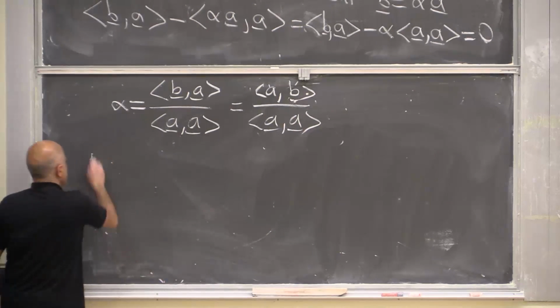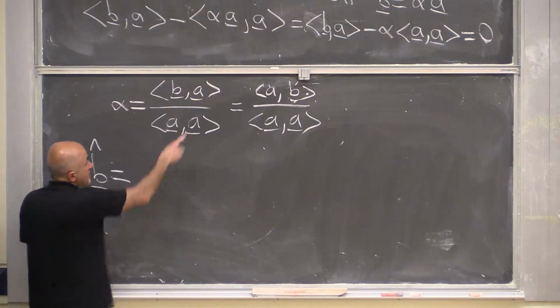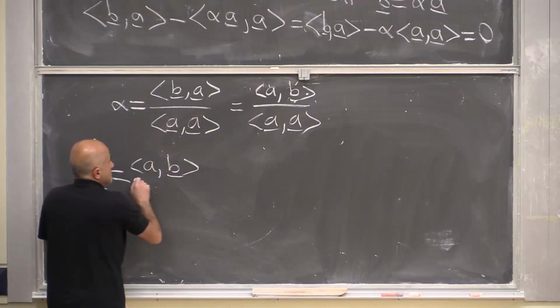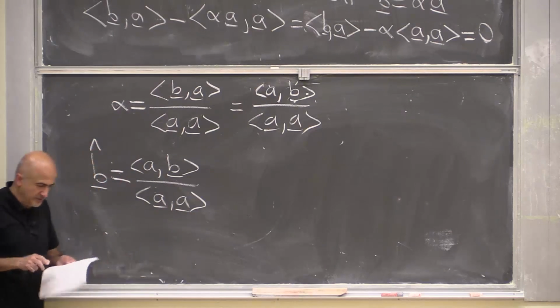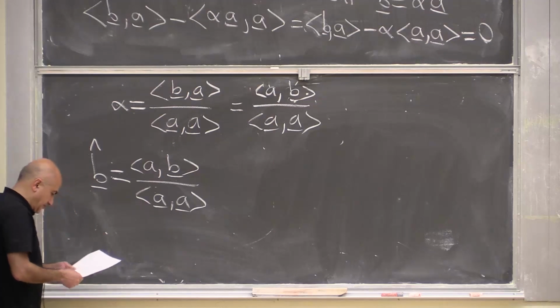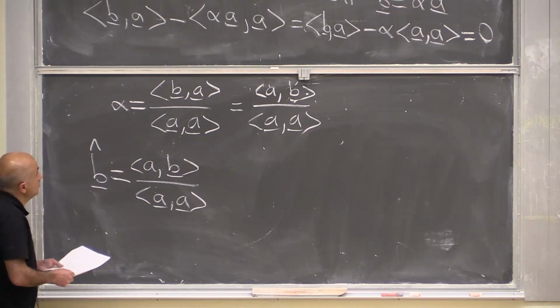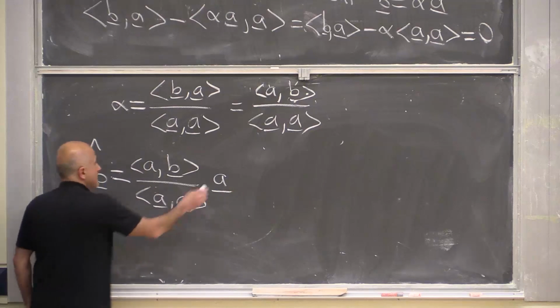Okay, but the point is that we now have a B hat, which is alpha times A, which is A, B over A, A. Actually, I've got to be careful because one of these forms will give me what I want more easily. I'm going to keep that one. And this times A. This is my best estimate.